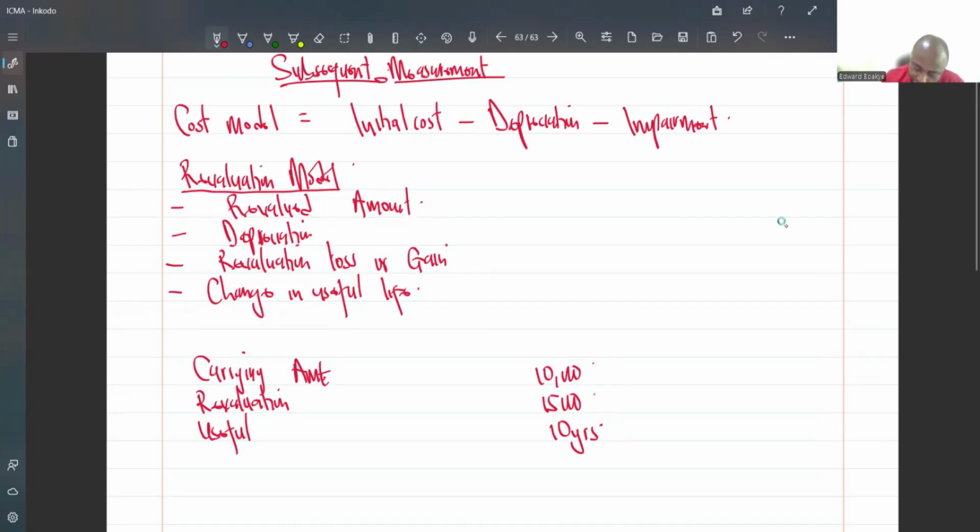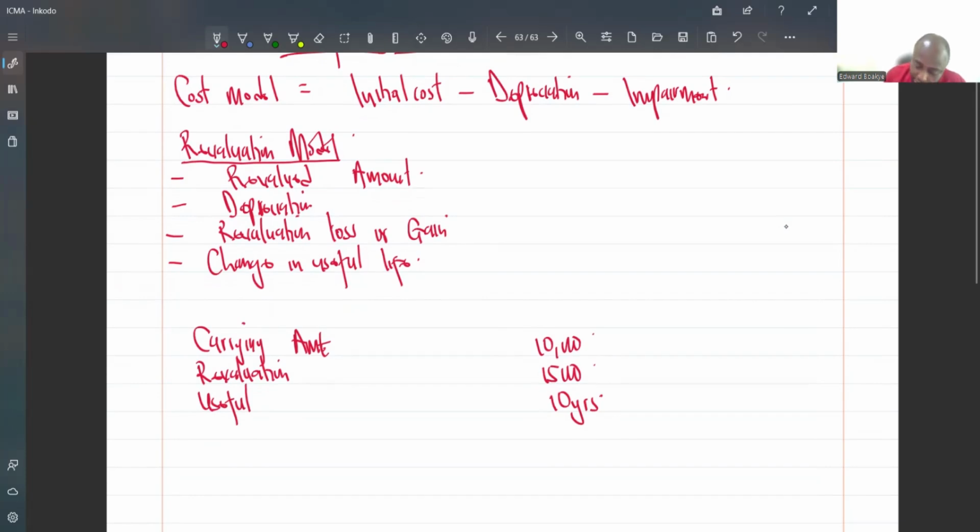But there's a revalued amount from the beginning of the year, so I can't continue using this. The asset now has to be recognized at 15,000 instead of the 10,000. So you can see that there's a difference between the 10,000 and the 15,000, or 5,000. That's what we call a revaluation gain. So that 5,000 is a revaluation gain.